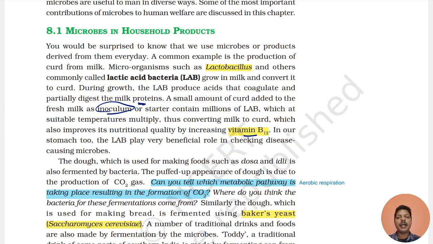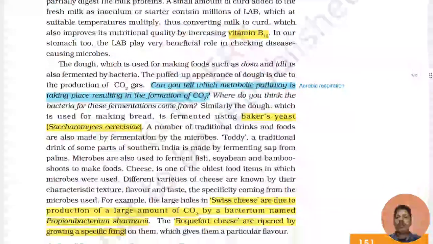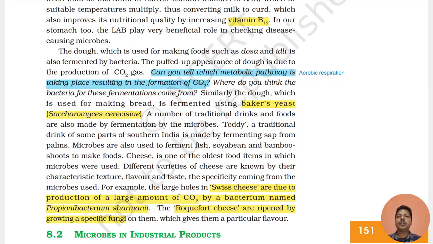In our stomach too, LAB play a very beneficial role in checking disease-causing microbes, that is pathogens. Then the dough used for making food such as dosa and idli is also fermented by bacteria. The puffed up appearance of dough is due to the production of CO2 gas. And here a question is asked: can you tell which metabolic pathway is taking place resulting in the formation of CO2? The answer will be aerobic respiration.